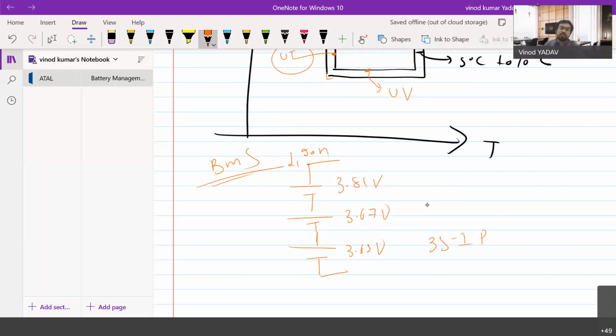If overheating is happening in this battery, it will disconnect the overall system, not just the single cell. So the BMS has to check every cell, not just the overall battery pack.